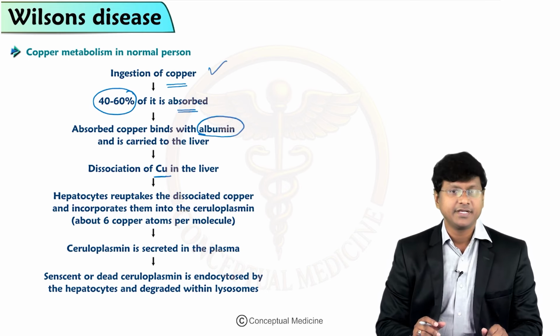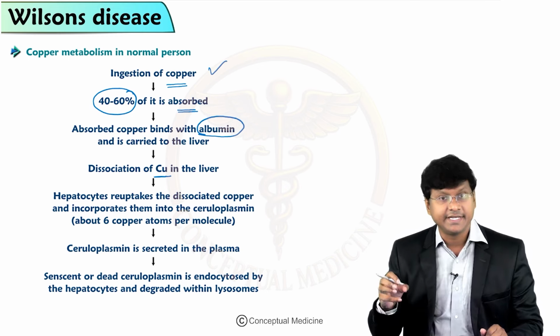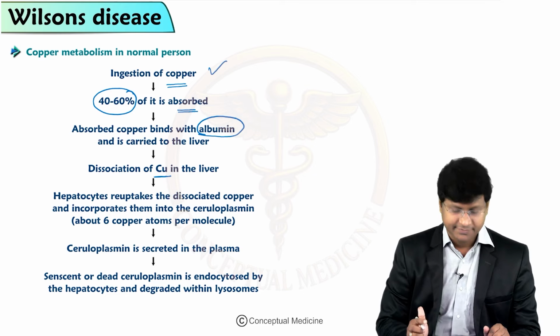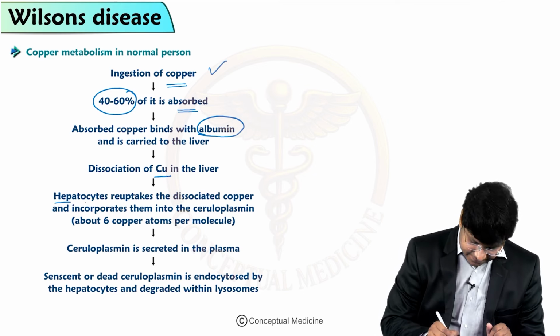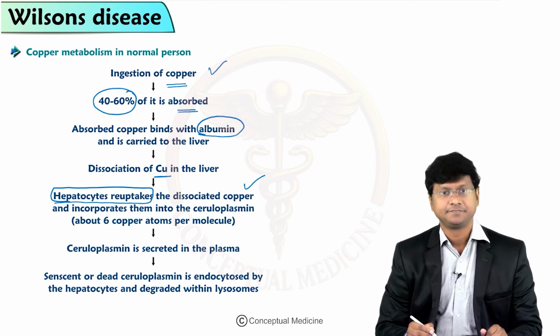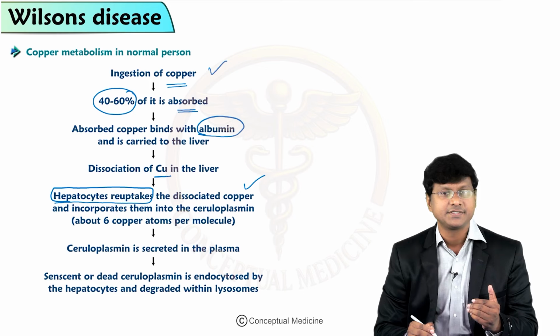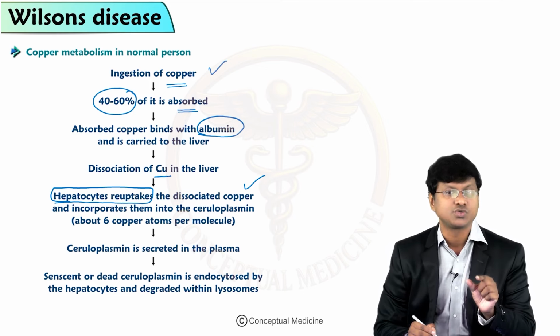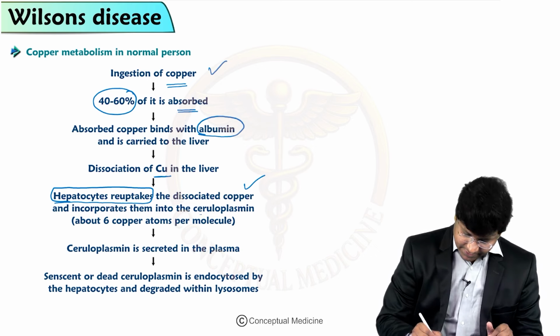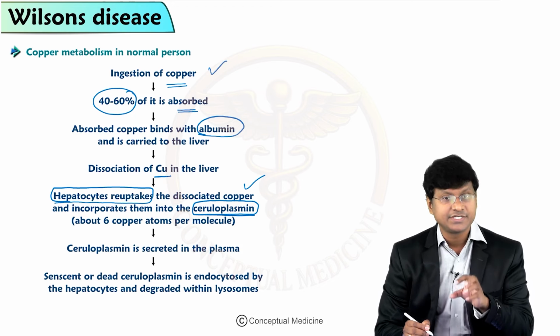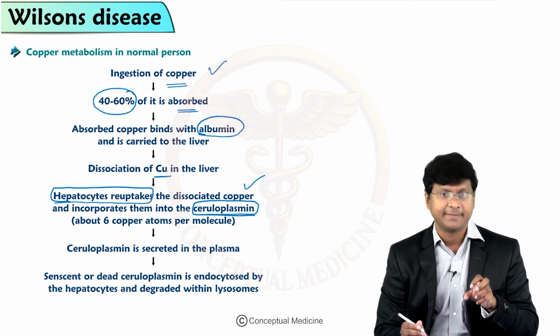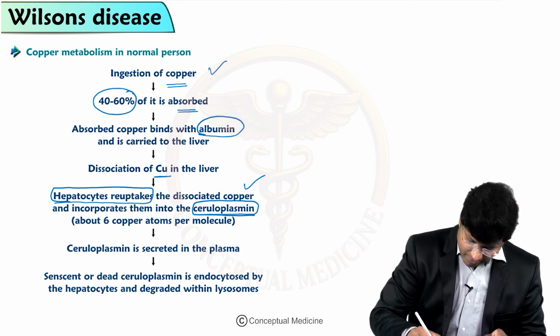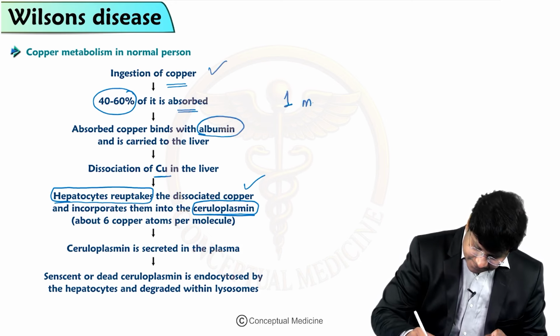This copper is then taken up by the hepatocytes within the liver. The hepatocytes take up the dissociated copper and incorporate it into a substance called ceruloplasmin.